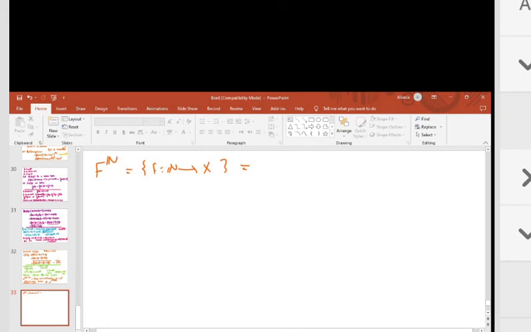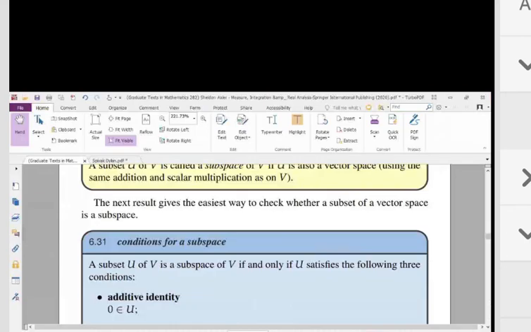The set of all sequences (f_n) with f_n belonging to F. The set of all sequences in F. This F is R or C.